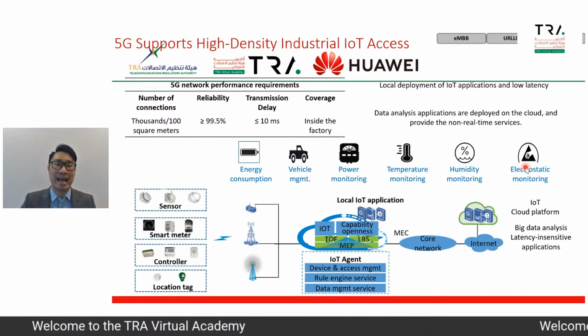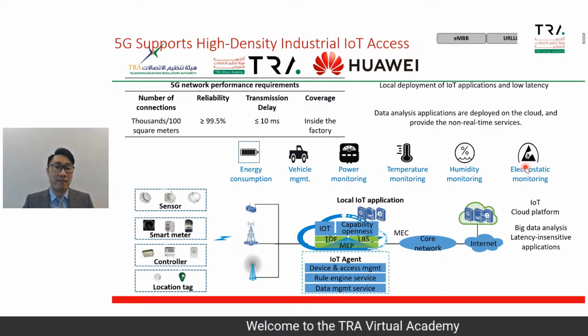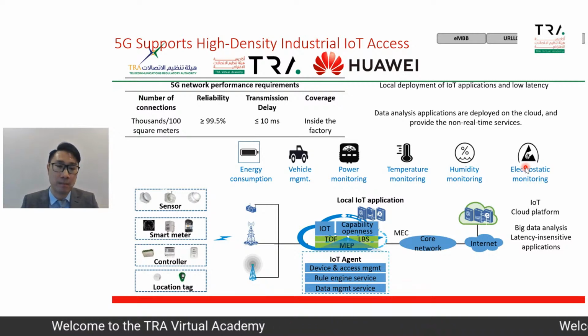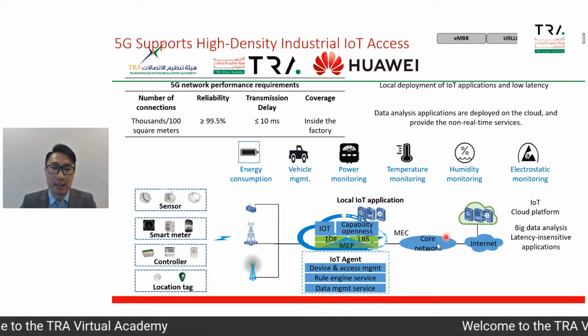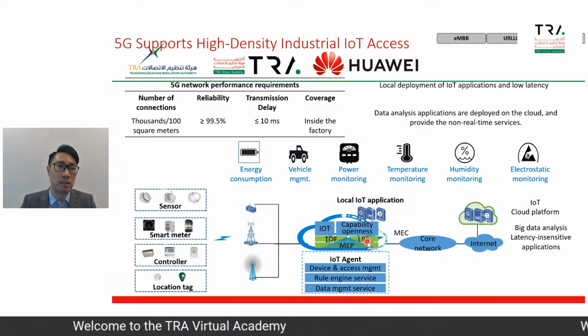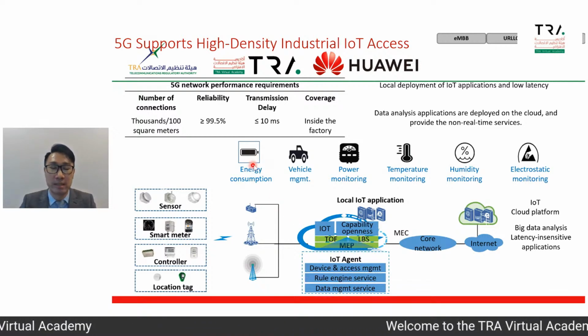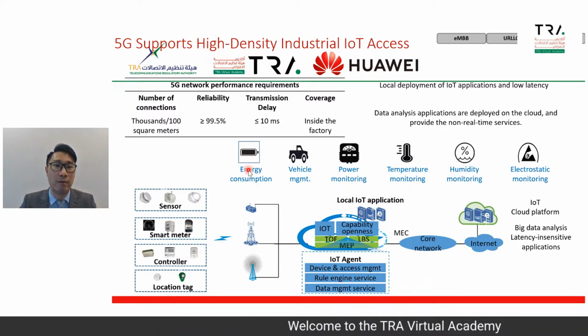So basically, we can monitor the whole factory operations and environment in a server. Everything will be monitored and we can install the IoT application in the MEC server. So we can monitor the factory energy, which part is using excessive energy and how we can save the energy.